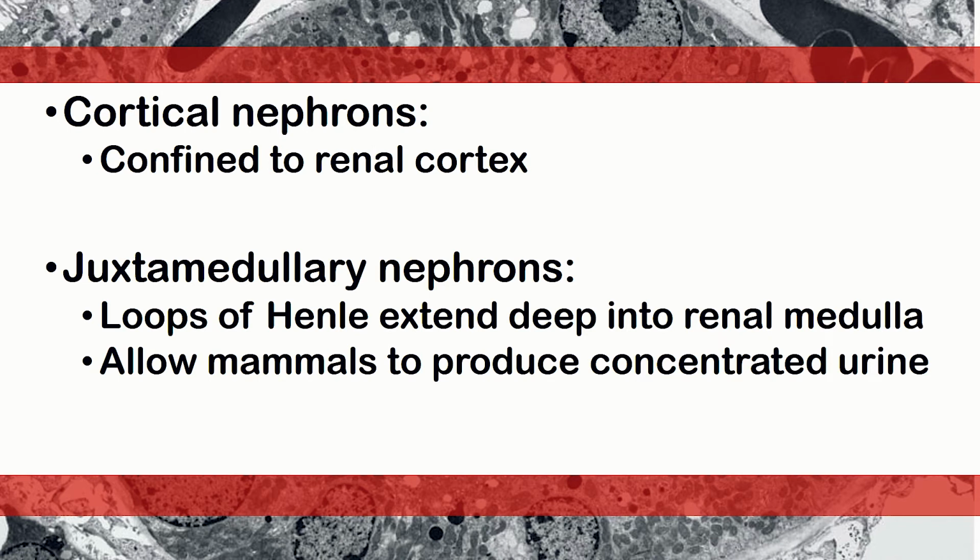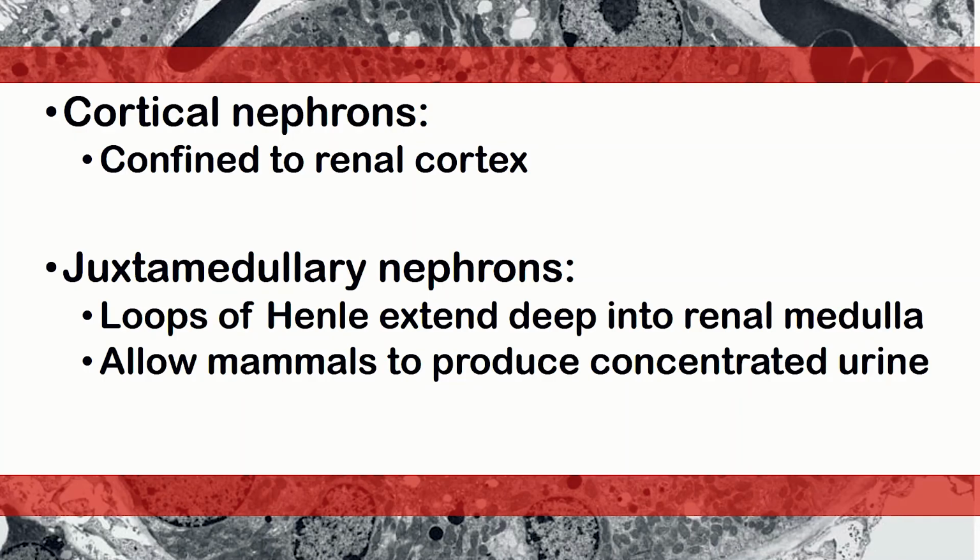The second main type of nephron we need to concern ourselves with is referred to as the juxtamedullary nephron, which is a fabulously fun word to say. Go ahead and say it. Juxtamedullary. There we go. Juxtamedullary nephrons have an extended loop of Henle, which extends deep into the renal medulla.